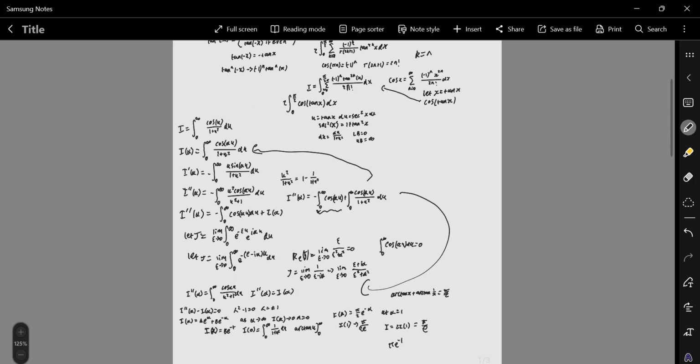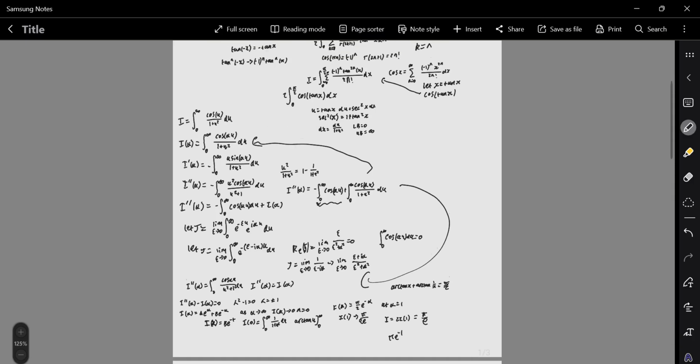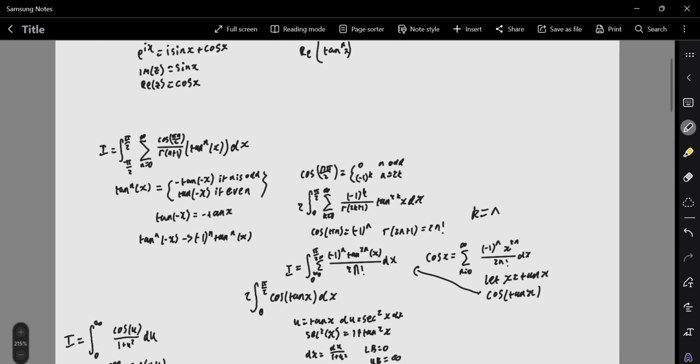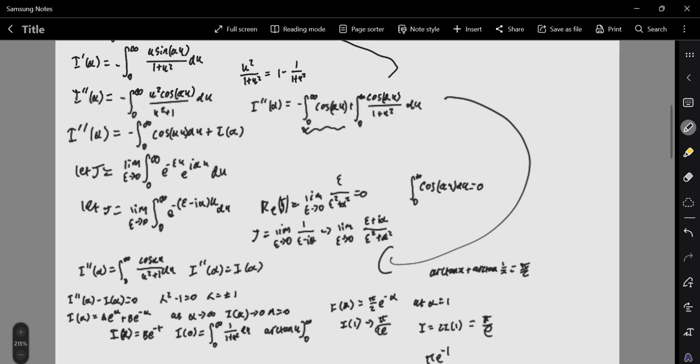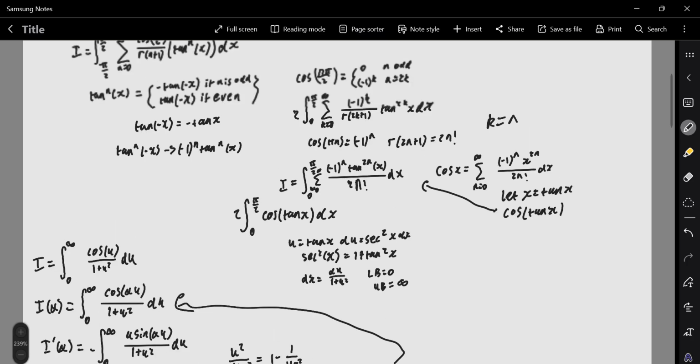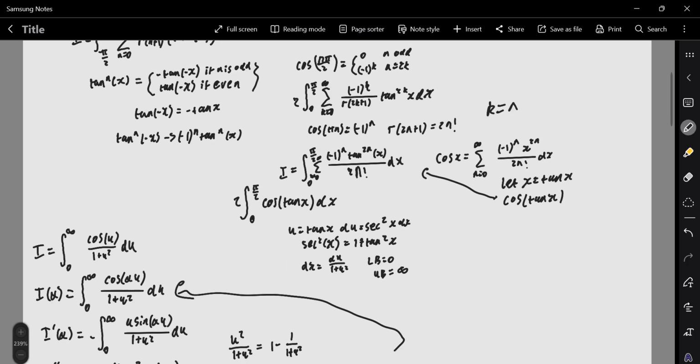It was generously submitted by, let me have a look and see if I can pronounce the name, Haru Masaki. I haven't checked how they solved it. I assume probably the same way. I don't know how else you'd go about doing this. So yeah, I will look at the solution. I know I got it right. I know that the solution is pi over e. But it'll be interesting to see if there was another way to do this.